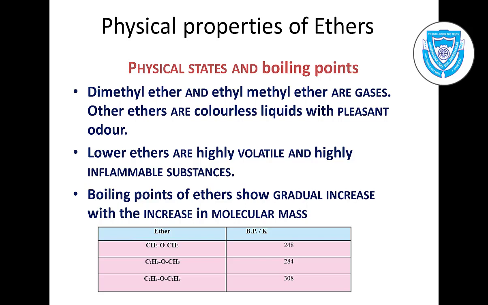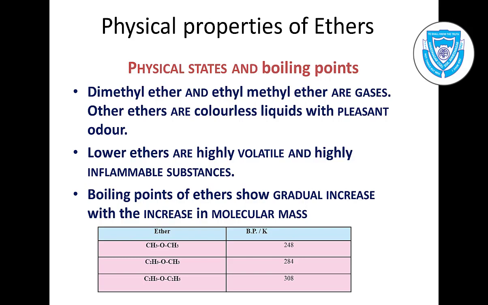The boiling point of ethers shows a gradual increase with increase in molecular mass. As the number of carbons goes on adding up, the boiling point would increase. You can see the trend in the table given in your textbook also.